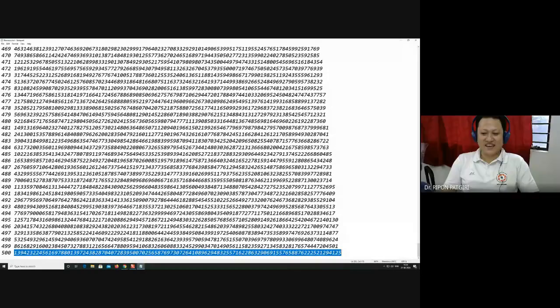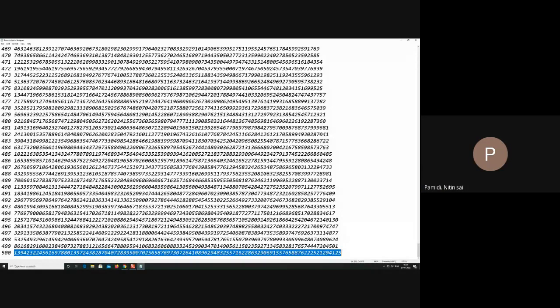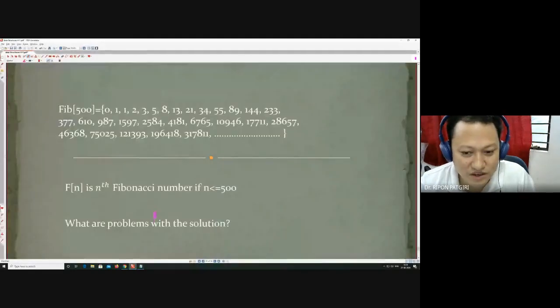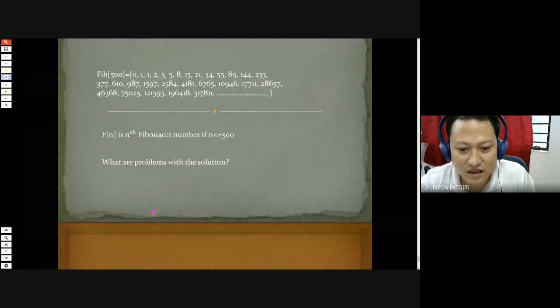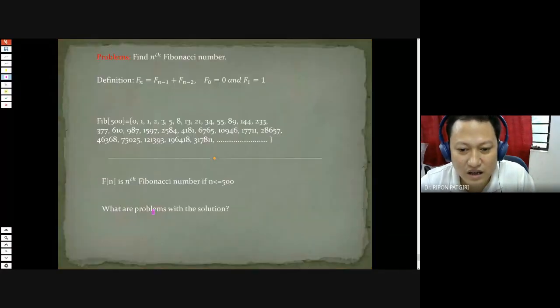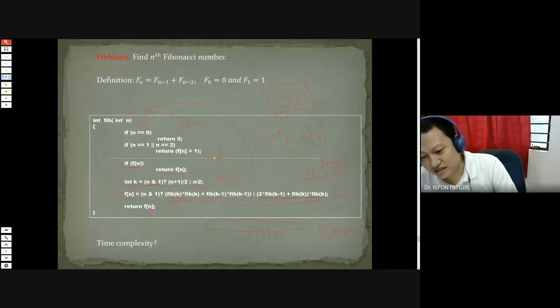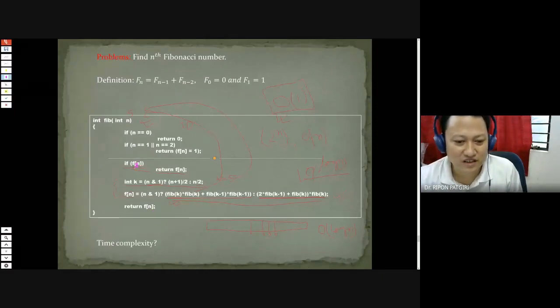Which function will you use? This function is a log n solution. And if you have 500, then you just give 500. Make it a character array or make it a pointer.